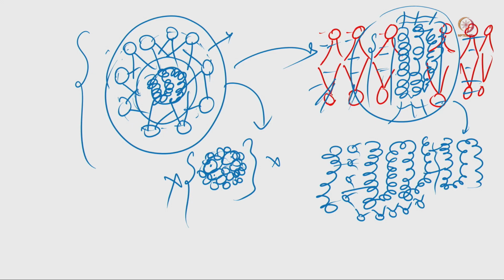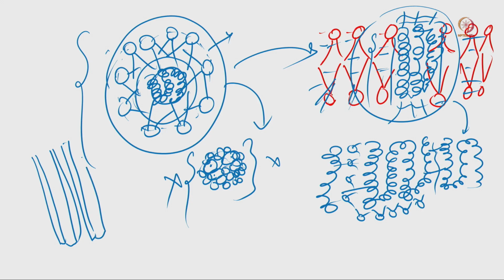Now, if there is a helix, sometimes a beta strand can also form. So, this kind of beta strand, you can see they are coming together and a lot of time they form a barrel kind of shape. So, the multiple beta barrel will go like this.